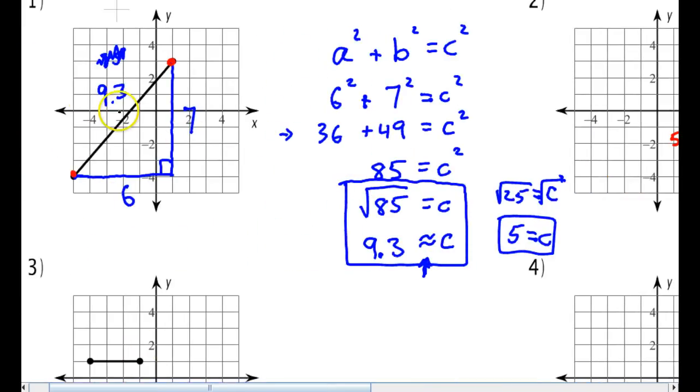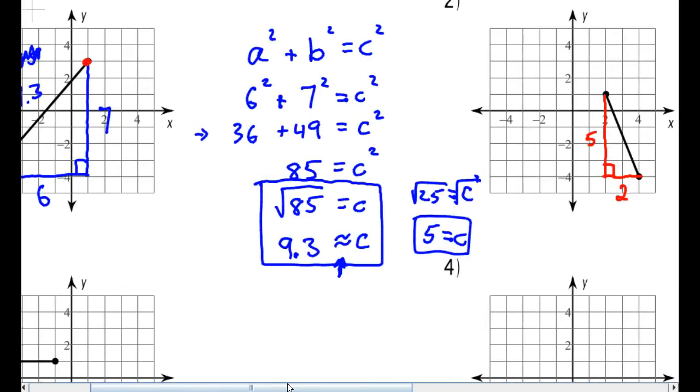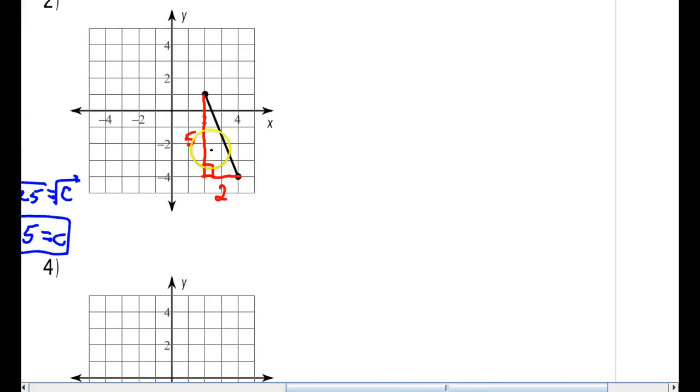Over here we had 6, 7, and 9. So just approximate. What do you think the answer will be? This is 5 and 2. 5.6, 5 point something ish, maybe 6. So have an idea of what you think it should be based upon previous problems. So if you get some answer that's way off, you're like, wait a minute, that's not what I thought it'd be. Why not? All right, so let's try it out.